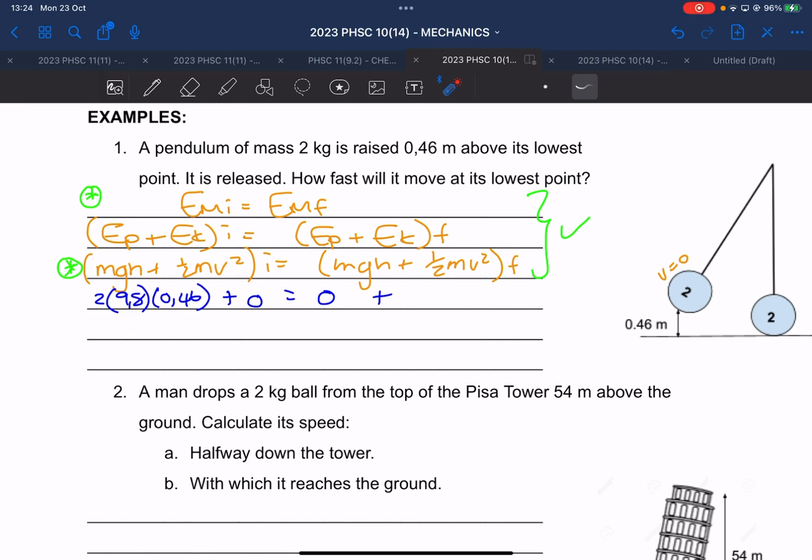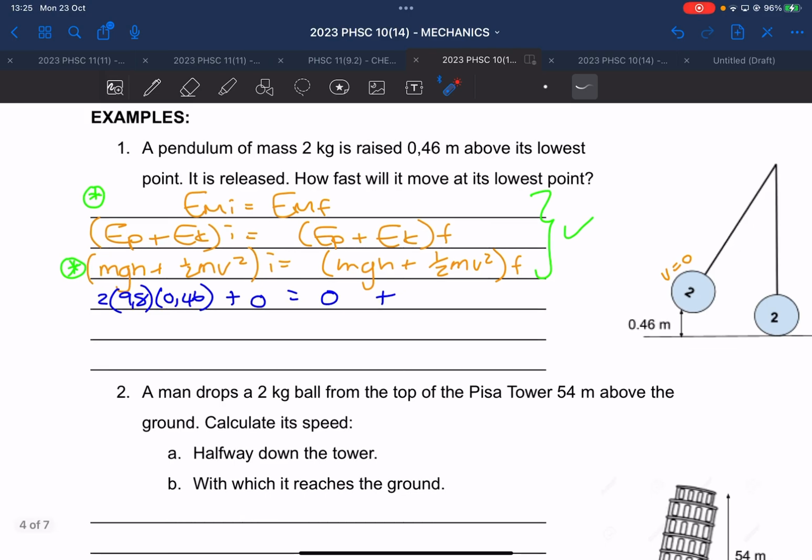Because it's not high. Yes, it's at its lowest point. It can't go any lower. So because the height there is 0, the whole potential energy becomes 0. Then we have a half, the mass is 2, and we want the velocity.